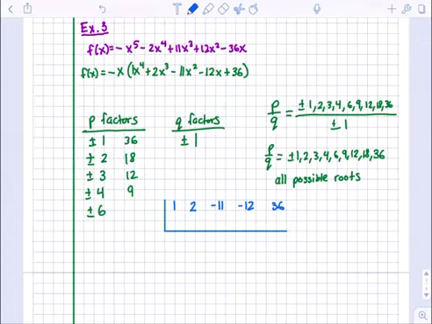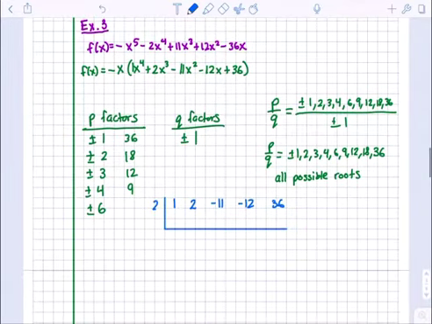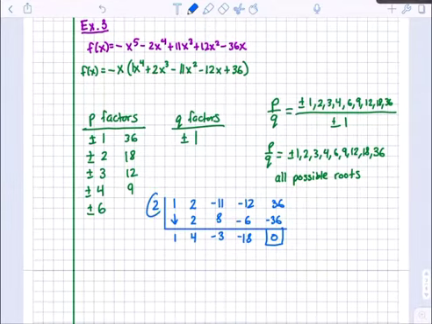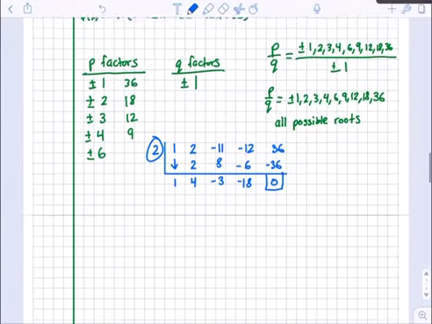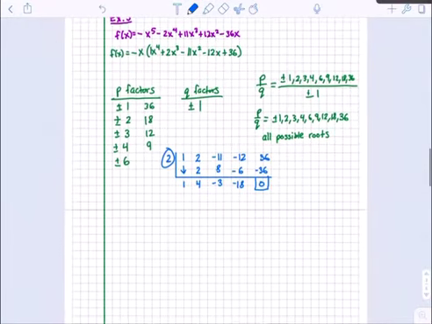Let's try 2. 1, 2, 4, 8, negative 3, negative 6, negative 18, negative 36. Alright, great. So we found one root, which is this one. That's good. Now we have to do it again, right? Because we can't factor unless we have a trinomial.